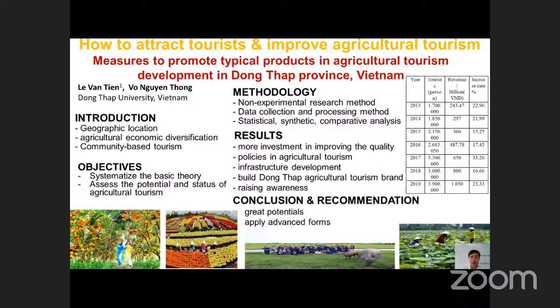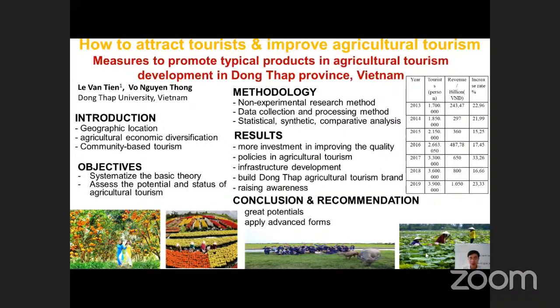Finally, we would like to draw some conclusions and recommendations. We believe that Đồng Tháp province has great potential to develop agricultural tourism, and the initial application has shown positive effects from agricultural tourism activities on farmers' lives in particular, and on the province's economy, culture and society in general.